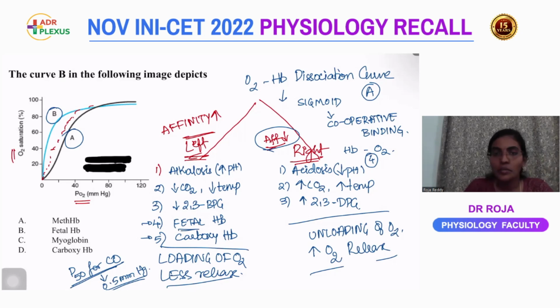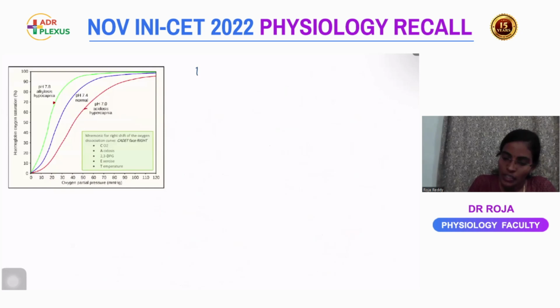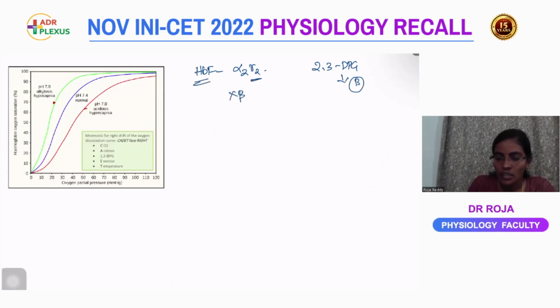And what about fetal hemoglobin? Fetal hemoglobin has alpha and gamma chains instead of alpha and beta chains. And we have 2,3-DPG, which binds with the beta chains. Since hemoglobin F has only gamma and no beta, the 2,3-DPG binding will not be seen with the hemoglobin.